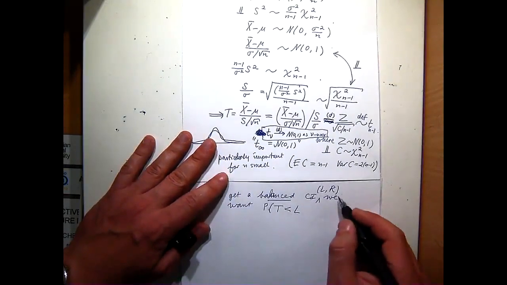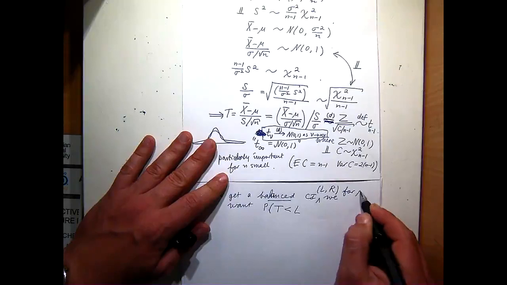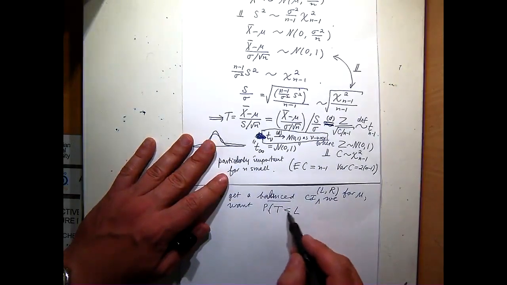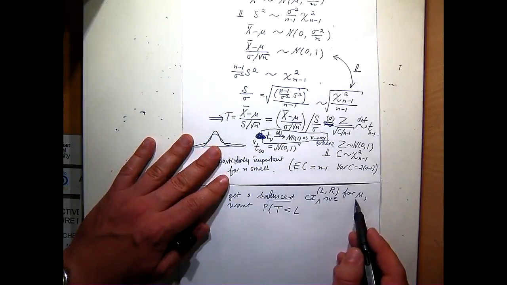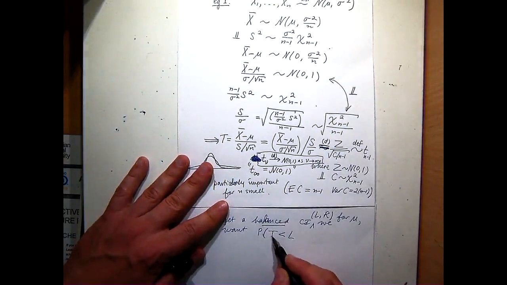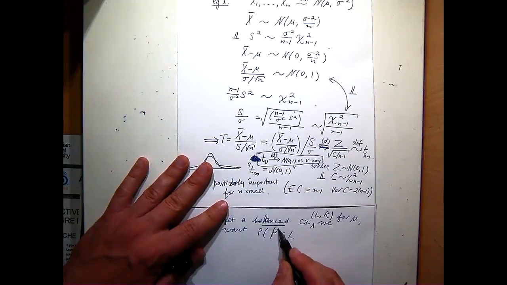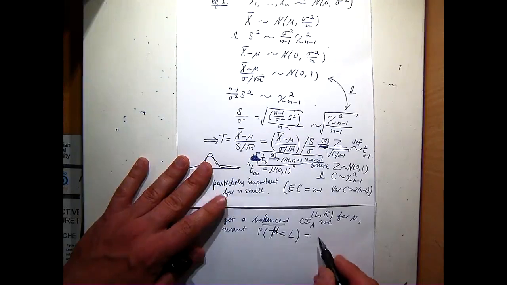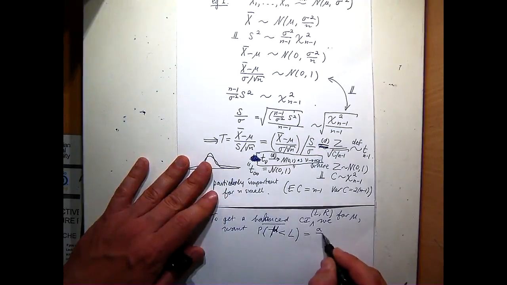Let's talk about a balanced confidence interval for mu, to be very concrete. We're not interested in a confidence interval for the variance yet, we're just doing a confidence interval for the true mean of the sample. To get a balanced confidence interval, you want the probability that the true mean is way off the left end to be alpha over 2.